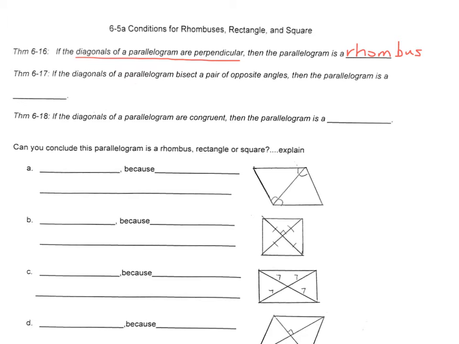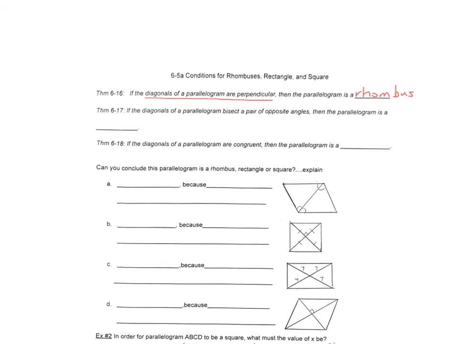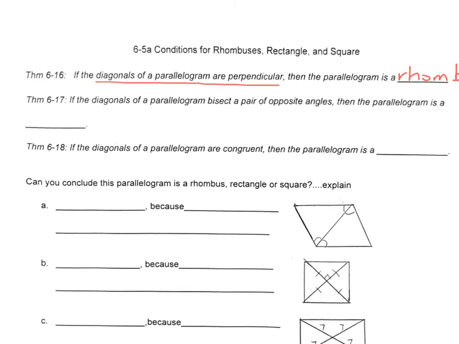The second one says, if one diagonal of a parallelogram bisects a pair of opposite angles, then the parallelogram is a rhombus.